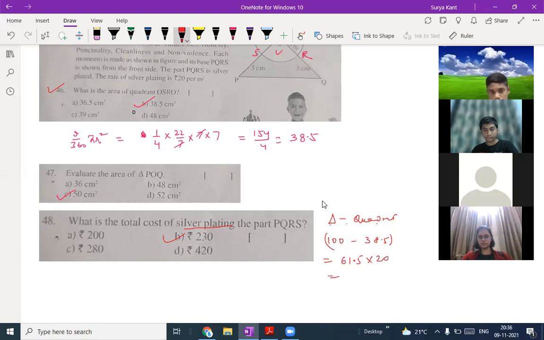Actually, the 50 minus 38.5, right? The 50 is there. Now I took 100 over here. 50 is this, so this is 11.5 into 20. So 230 rupees.